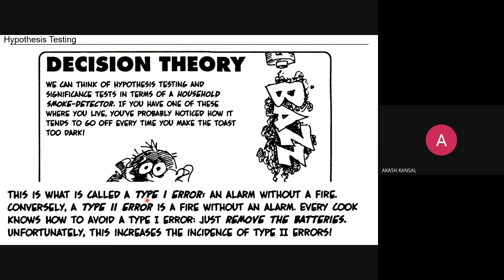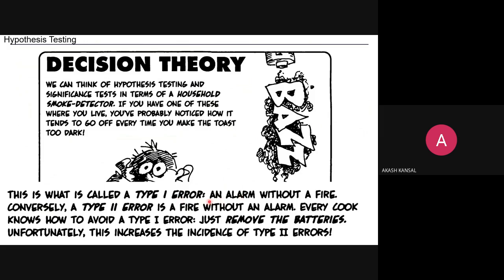But if there is some error in the alarm, if it's a false alarm or a true alarm, then we have two different types of error. One is type 1 error, that is, the alarm will go off without a fire. And conversely, we have a type 2 error in which there is a fire without an alarm.